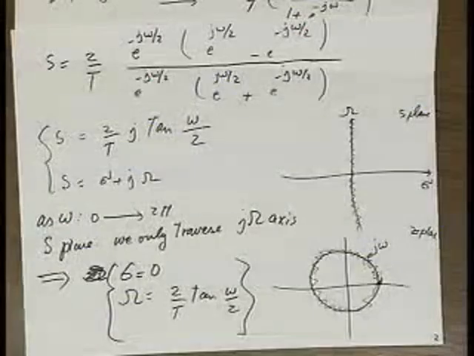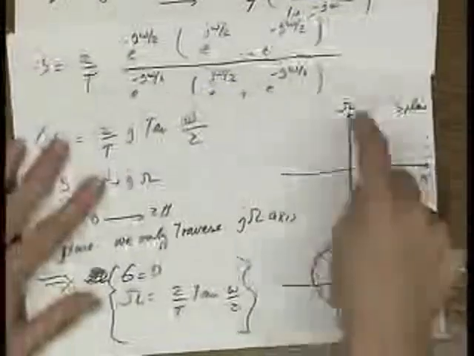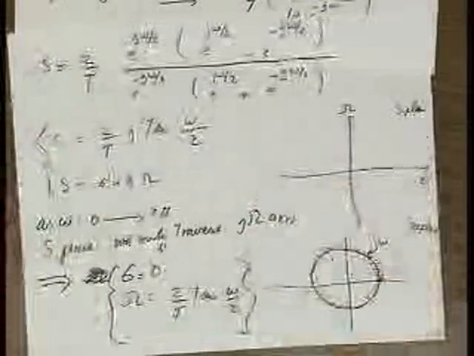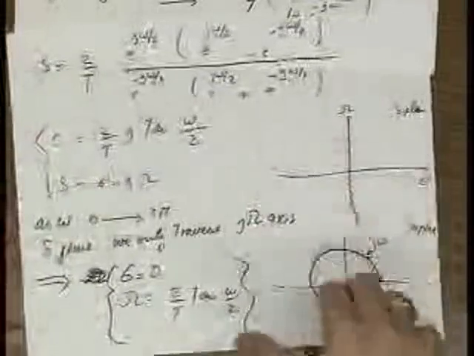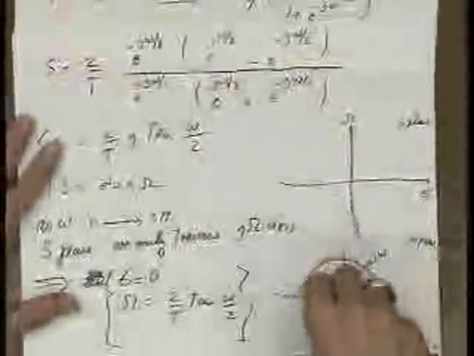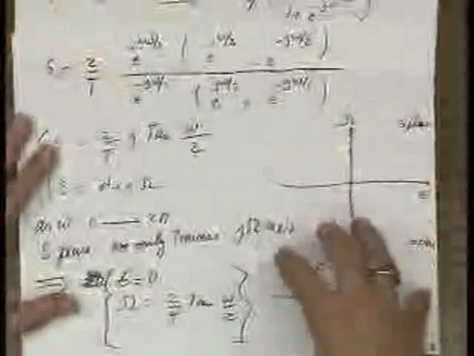Well, we need to show not that this circle gets mapped into this axis. In order to show that a causal stable filter in analog gets mapped into causal stable in digital, all we have to show is that the left-hand side gets mapped inside of this circle and the right-hand side gets mapped outside. Why?